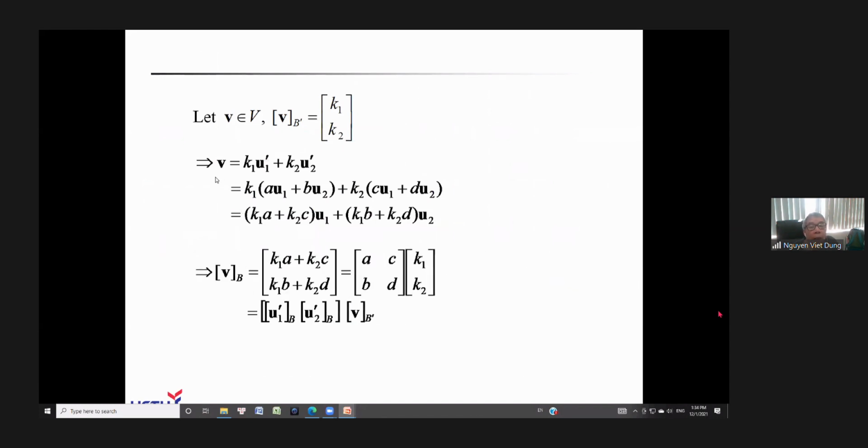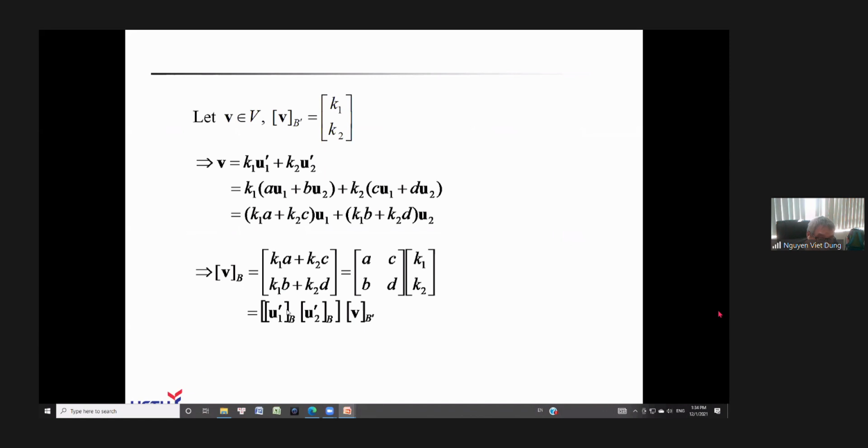That is now the representation of V as a linear combination of U1 and U2. It means the coordinate of V relative to the basis B is this pair. That number is the first coordinate of V relative to B, and here is the second coordinate of V relative to the basis B. So we write it as a column coordinate like that.